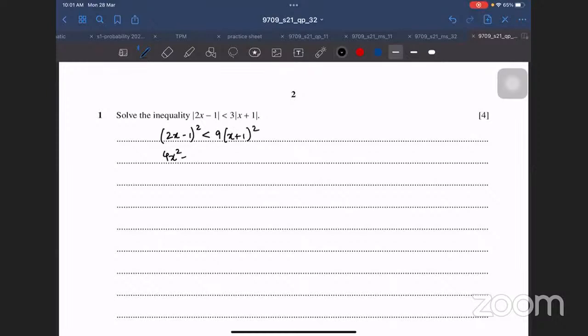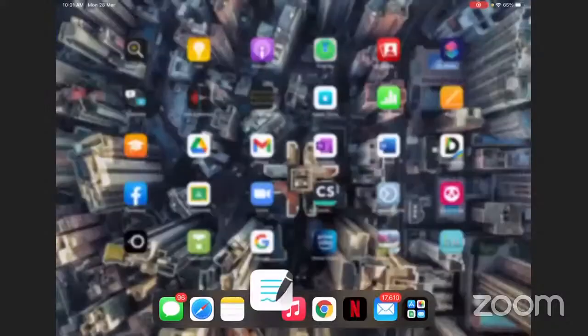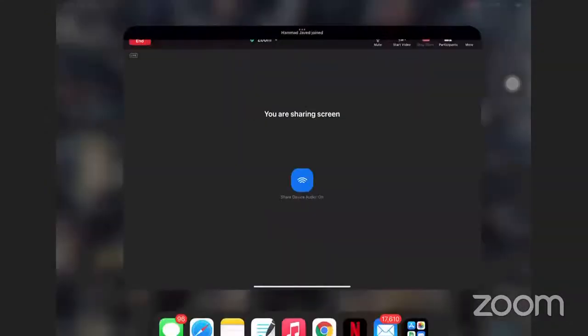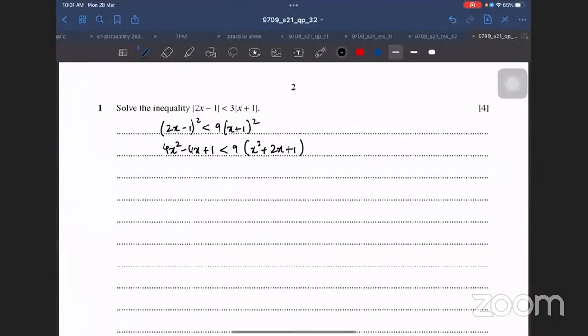So I get 4x squared minus 4x plus 1 is less than 9x squared plus 18x plus 9. If I move everything to one side, I get 5x squared plus 22x plus 8.